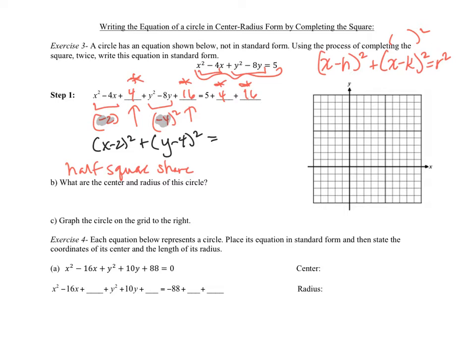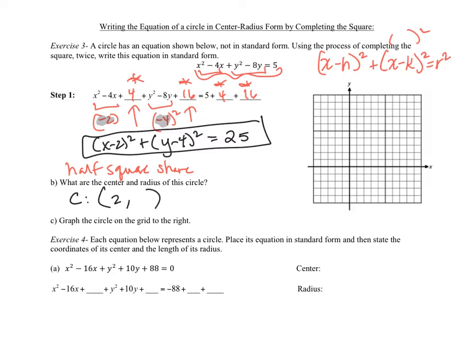I don't know why I wrote 16, but it's 25. So this is my standard form of my circle, my center radius form. The center is going to be (2, 4), and the radius is going to be the square root of 25, which is equal to 5.